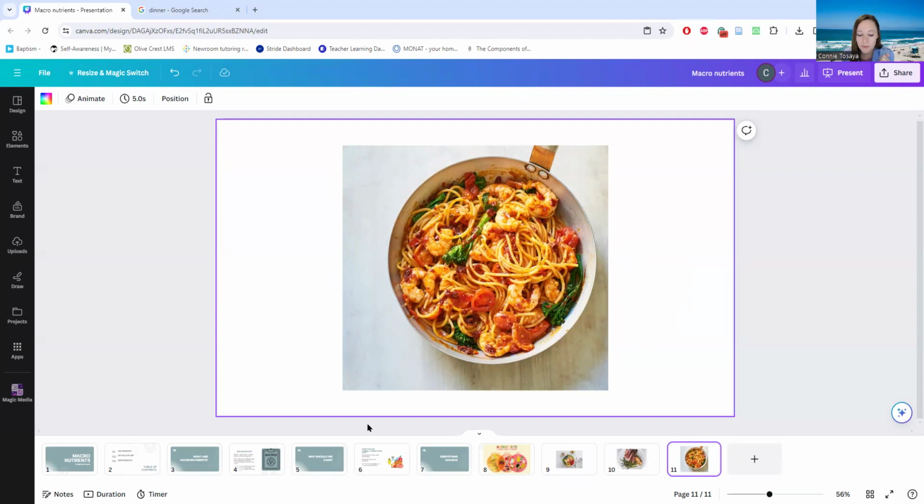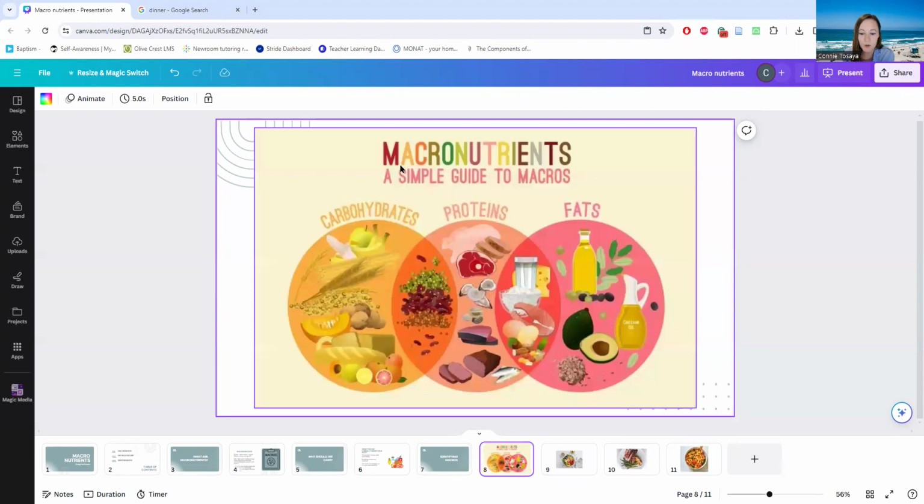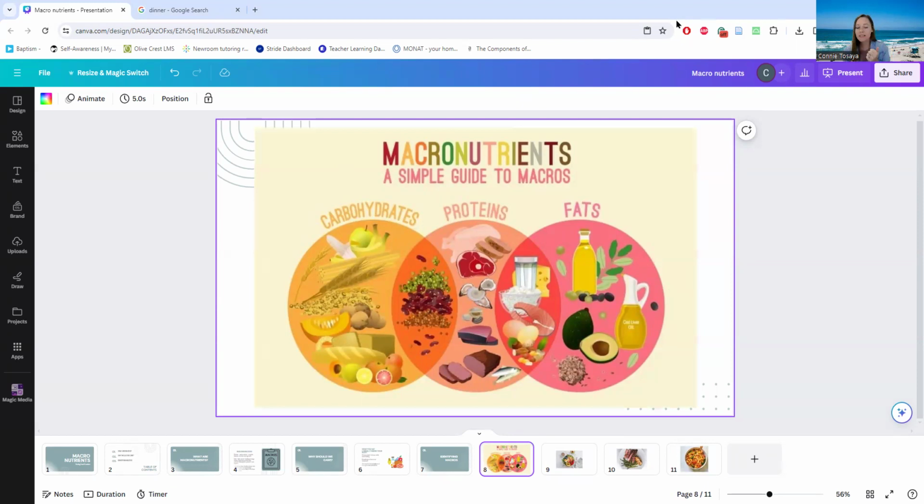Perfect. Now, something that I want to go back and touch on is that in this image of macronutrients, you don't see a lot of green vegetables, right? And the reason being, green vegetables are a carbohydrate because they're not a protein or a fat. But they're not a carbohydrate in the sense of what we think of as carbs. When you look at the chemical composition of vegetables, they are mostly water.